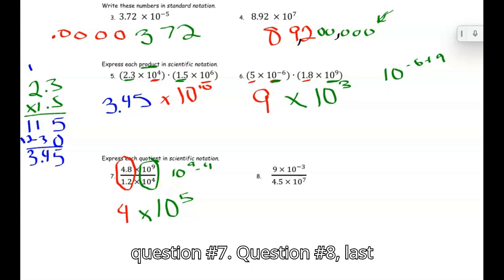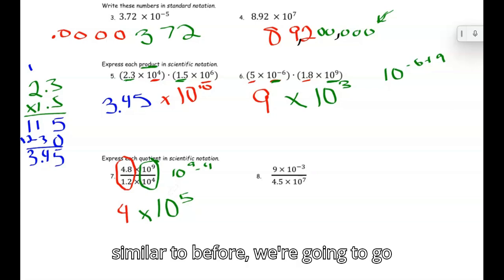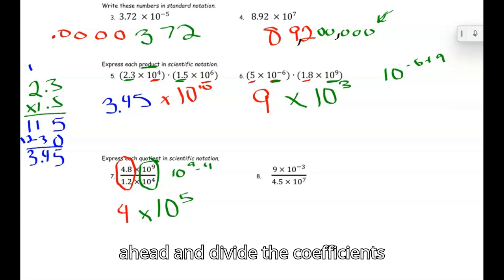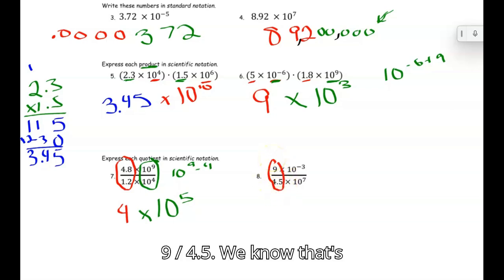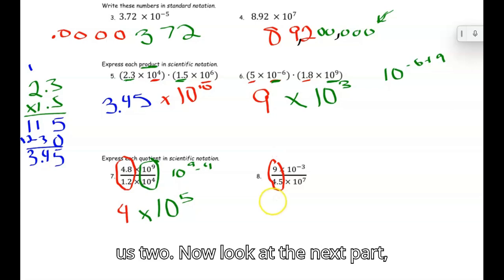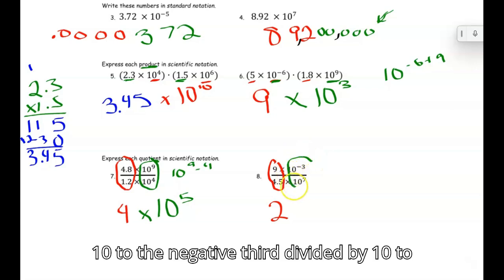Question number 8, last question. First thing you want to do, similar to before, we're going to go ahead and divide the coefficients. 9 divided by 4.5, we know that's half. Alright, so that ends up giving us 2. Now look at the next part. 10 to the negative 3rd divided by 10 to the 7th.